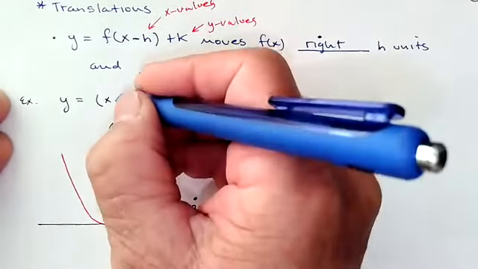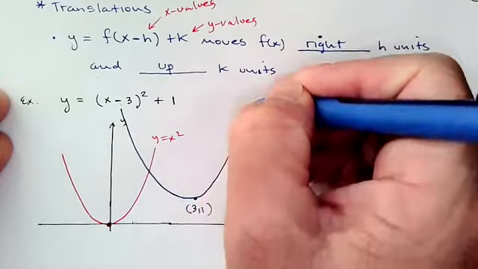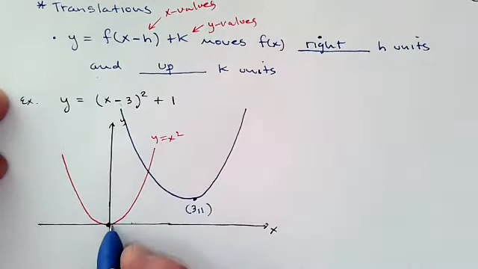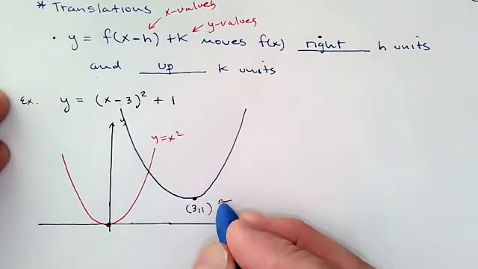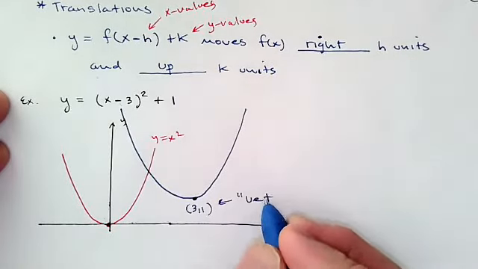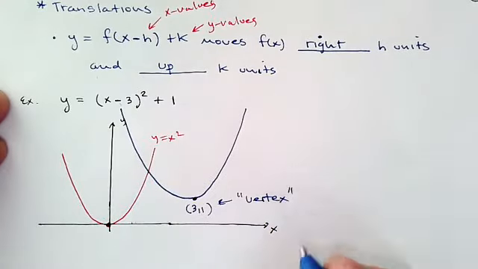And it's a parabola, so it'll look like this. Remember, for a parabola, this bottom part we also call the vertex. V-E-R-T-E-X. Okay, so it's moving it right 3, up 1.